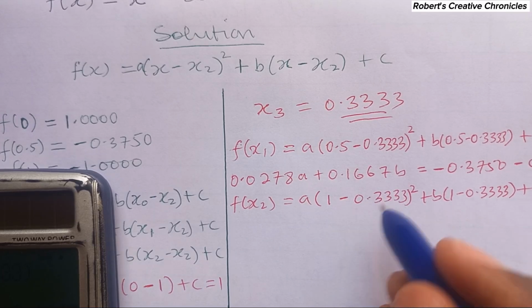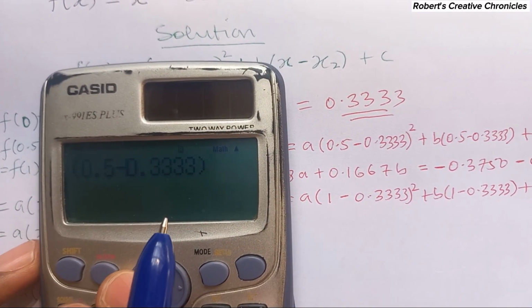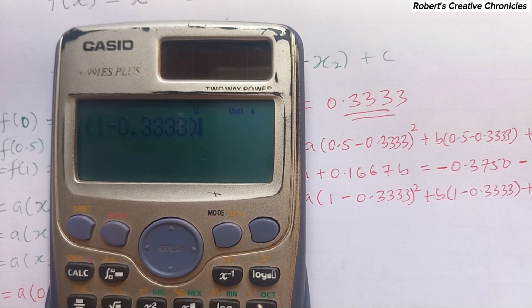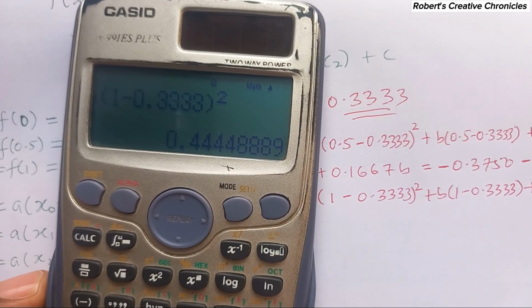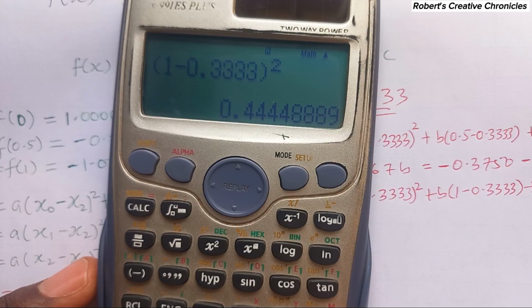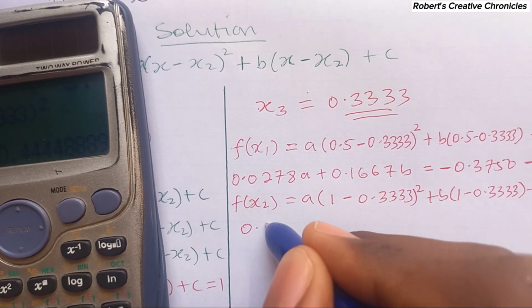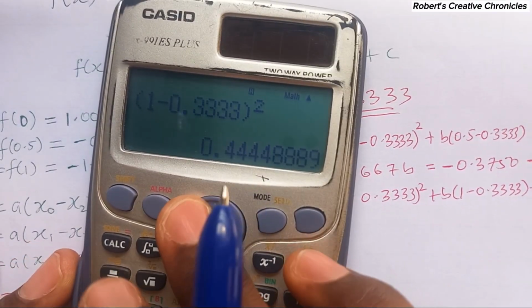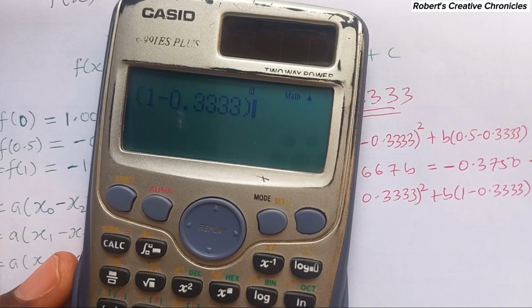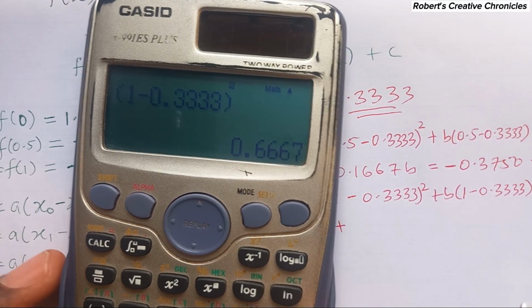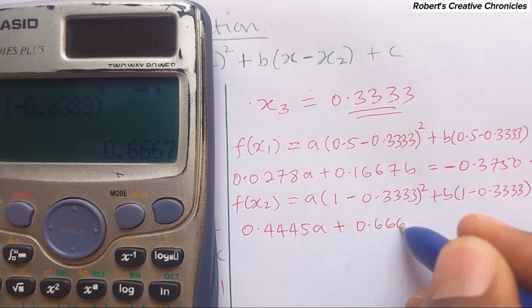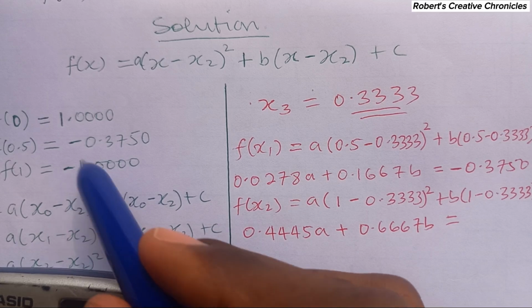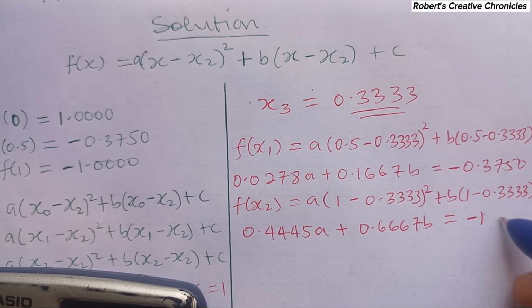So this is 0.4445 a plus 0.6667 b is equal to, this is negative 1. So it will be negative 1 minus c.